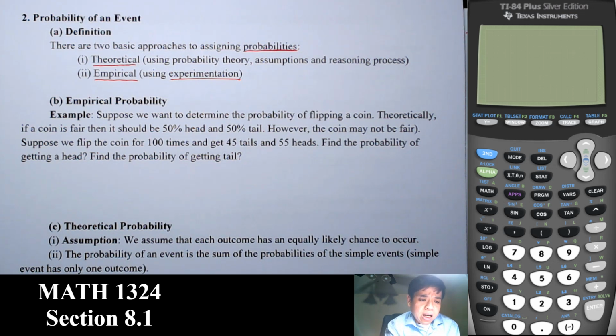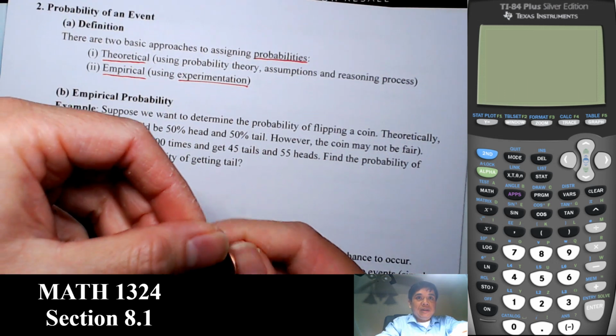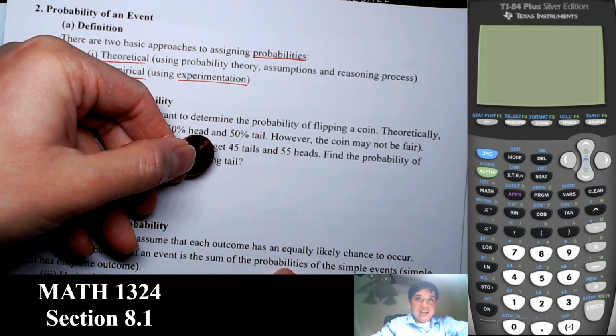So suppose that we determine the probability of flipping a coin. In theory, a fair coin gives us 50% head or 50% tail. That's a fair coin. However, the coin may not be fair. Suppose that we have a particular coin and we flip it, and by the way, flipping a coin is tossing it in the air, and whenever it lands, it will be head or tail.